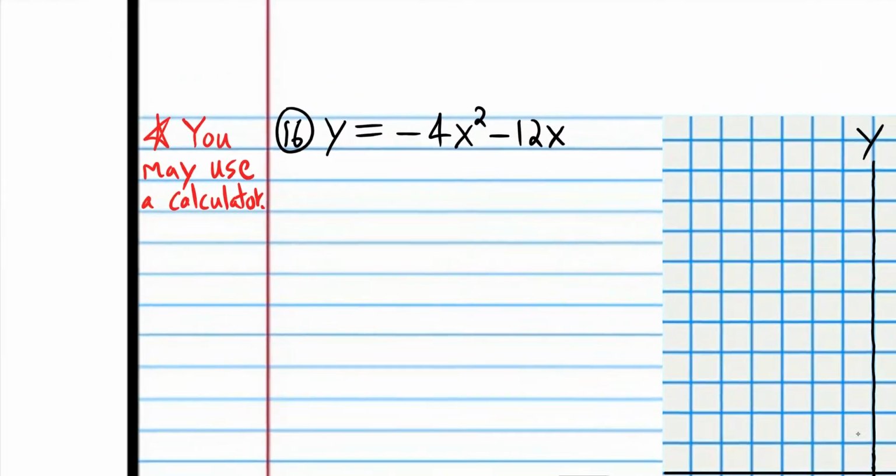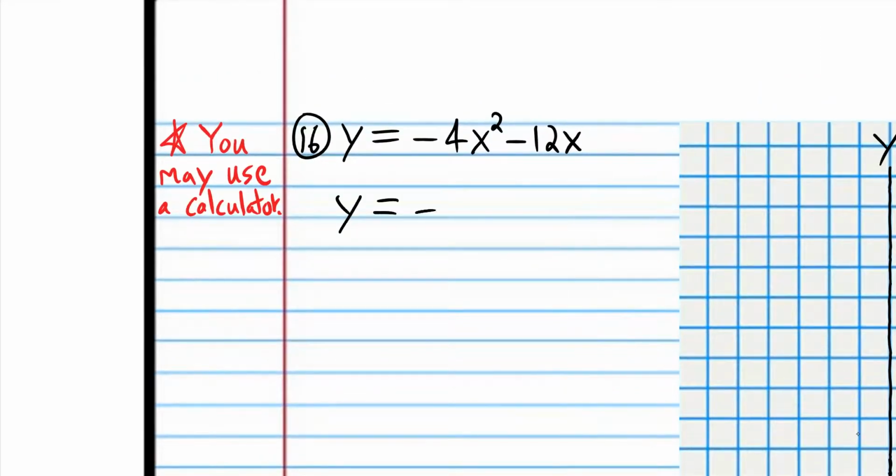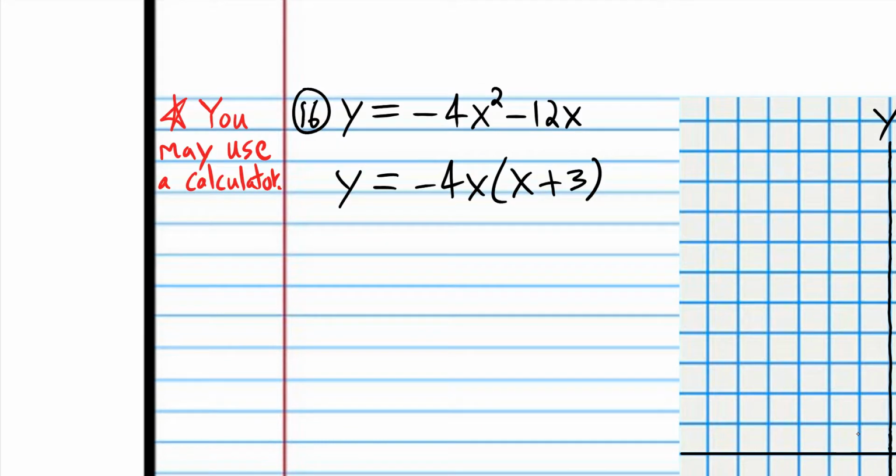All right, we're back. So I'm going to factor out negative 4x because that's the greatest common factor. And then I'm going to change x to x minus 0 because that's completely legal. Again, I just took this x and turned it into an x minus 0.